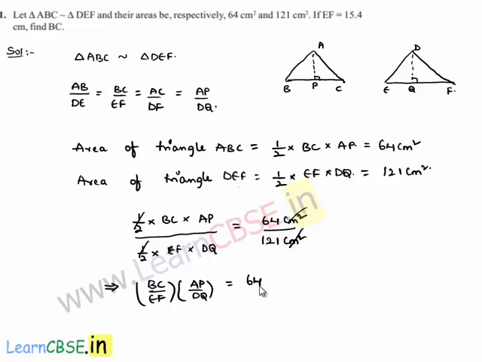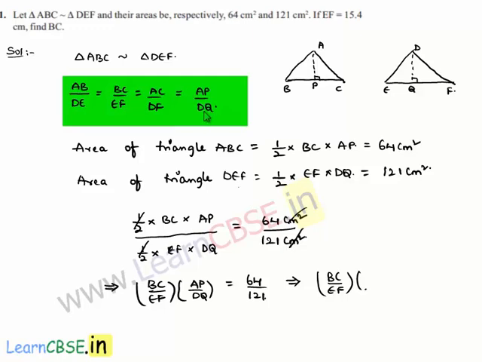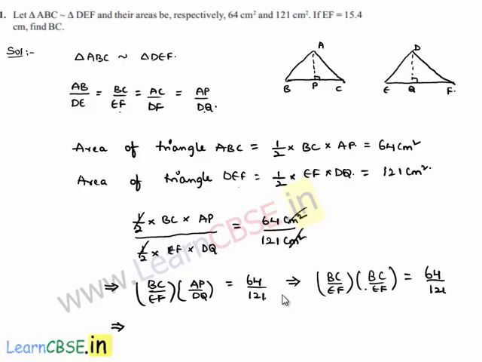which is equal to 64 by 121, which implies BC by EF into, from here we can say that AP by DQ is equal to BC by EF. So by substituting that, we get BC by EF into BC by EF is equal to 64 by 121, which implies BC by EF whole square is equal to 64 by 121, which can be written as 8 by 11 whole square.